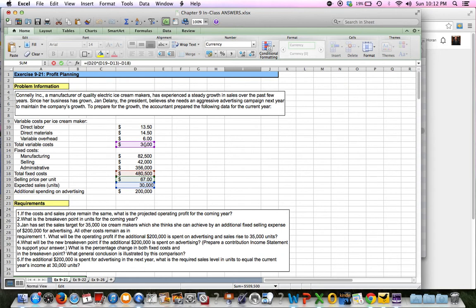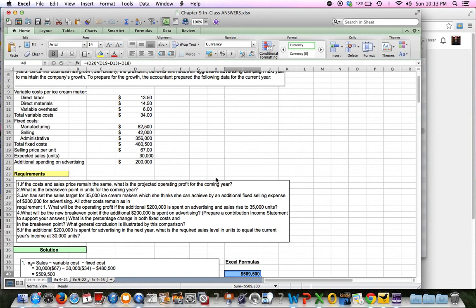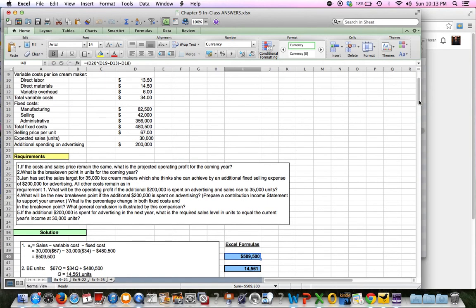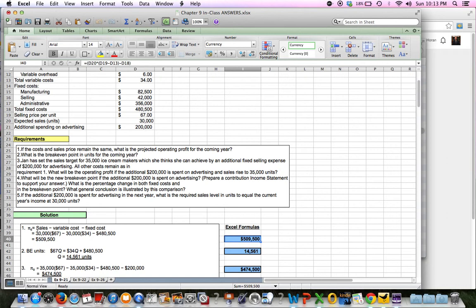So basically, what's my margin per unit? And then minus D18 of my fixed cost. And so that formula then gives me my sales minus total variable cost minus my fixed cost. My variable cost is 30,000 units times $34, and that gives me a profit of $509,500.